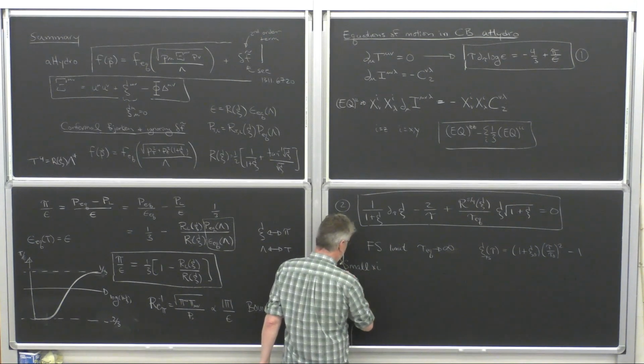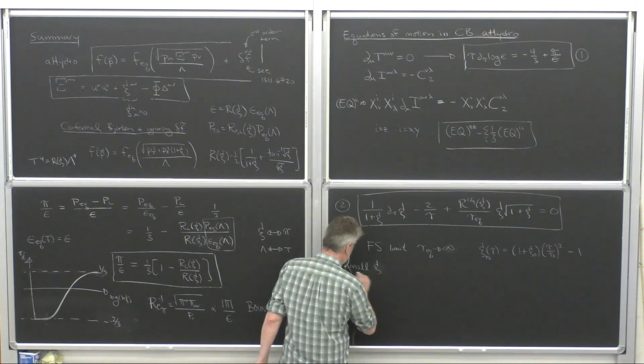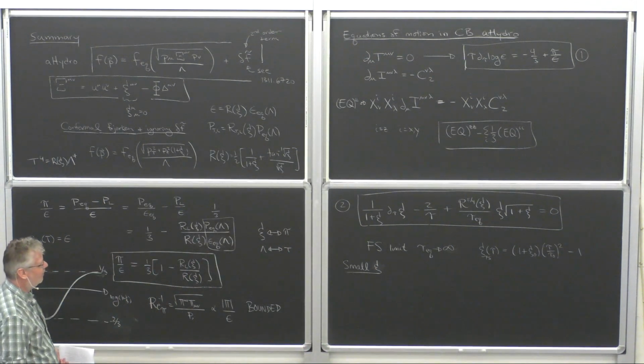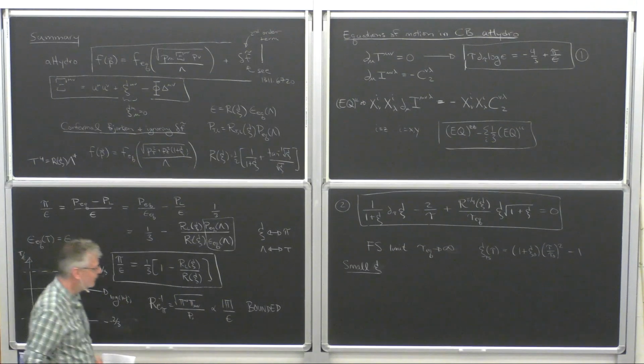What about the small C limit? The next thing we had to prove was that, in fact, second order viscous hydro is contained within these equations.